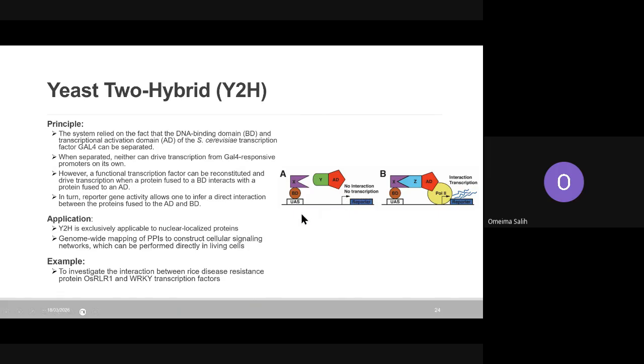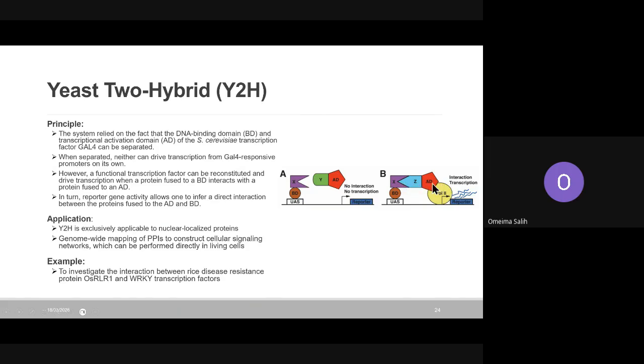So the GAL4 transcription factor will not be activated unless there is a combination of proteins that come together, like this one. This is a type of interaction to activate the RNA polymerase II enzyme to start the process of transcription.